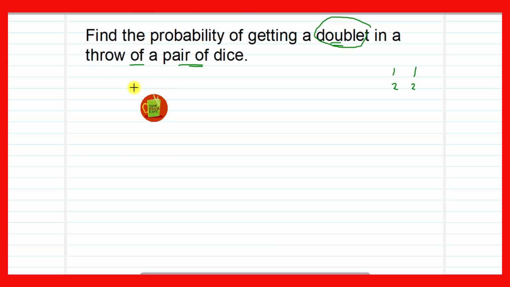And since it is a dice, the total outcome will be equal to 6 into 6, because we are throwing a pair of dice, and therefore total outcome will be 36.